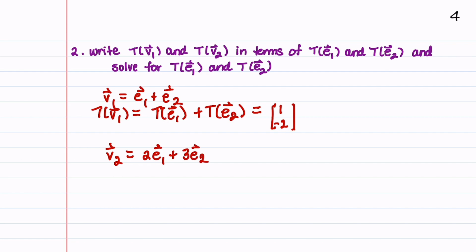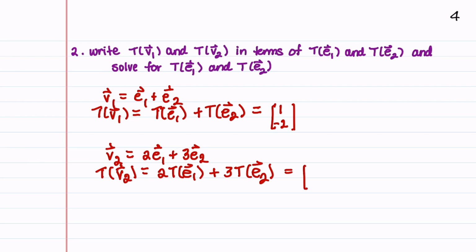Now let's take the transformation of that. So T of v2 is 2T of e1 plus 3T of e2. And that is equal to the vector that we were given originally, minus 2, 5.